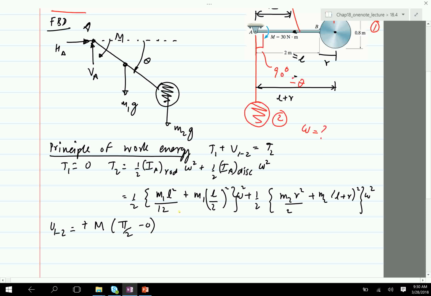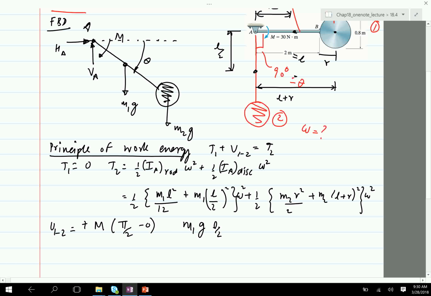This is positive. Then the work done by m1g is going to be m1g times the distance moved, right? So what's the distance moved? This is going to come over here, so the distance moved is going to be L by 2.